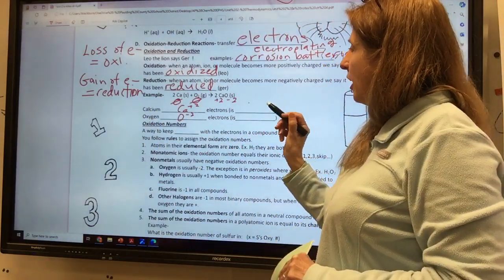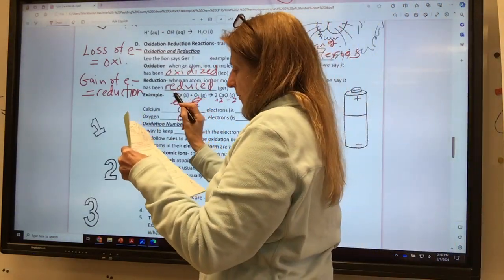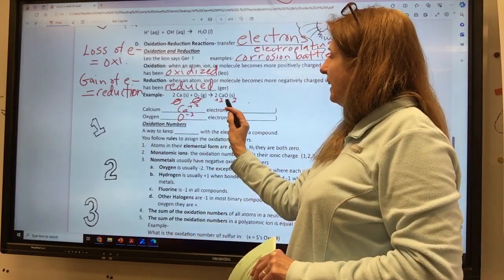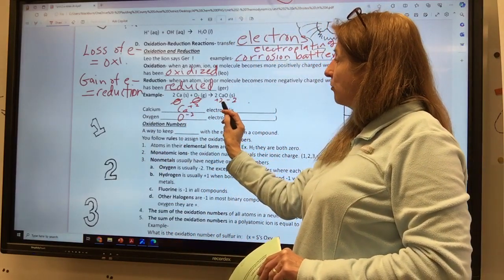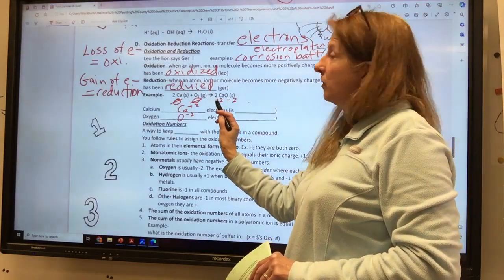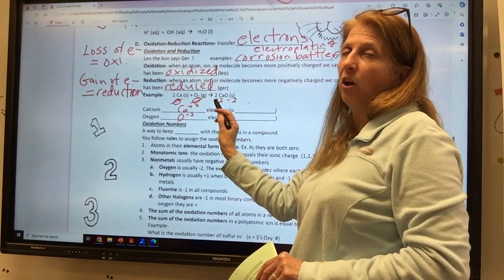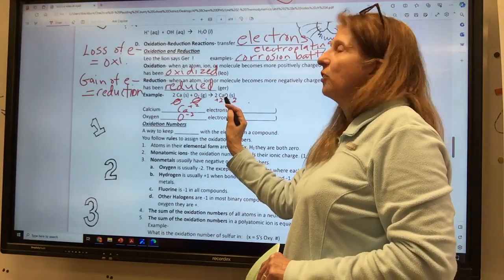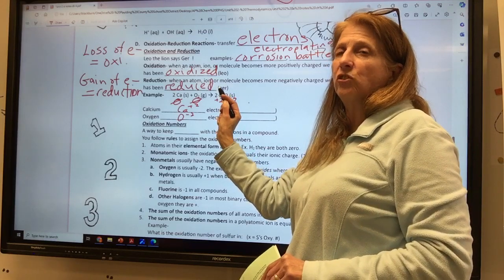So now let's see what's happening. Calcium is going from neutral to +2. Did it gain or lose electrons? It lost, because it was neutral and now it's positive. It lost 2 electrons. So it lost electrons, so was it oxidized or reduced?